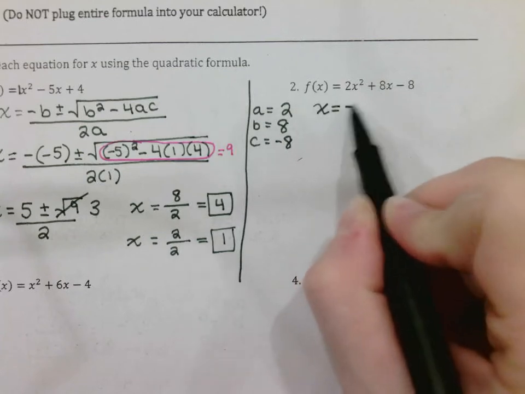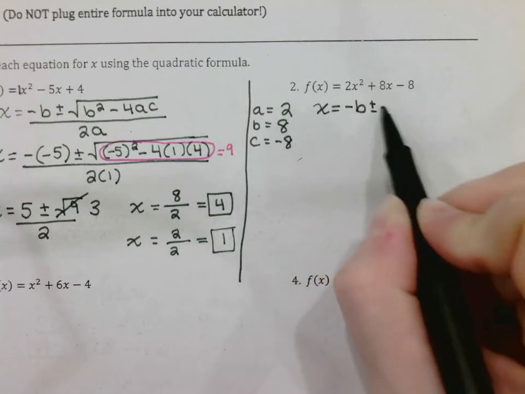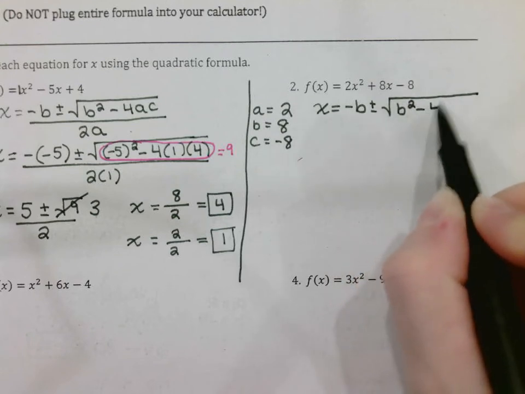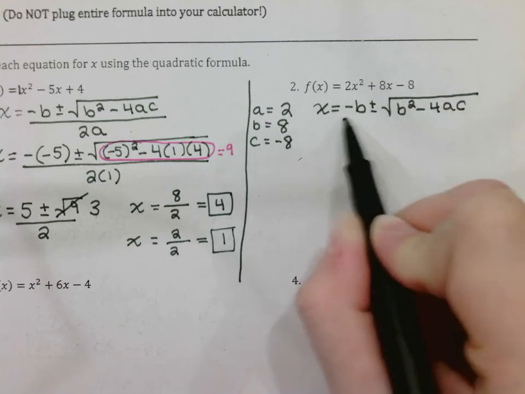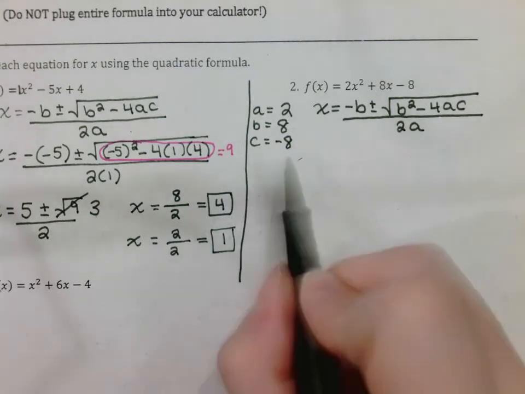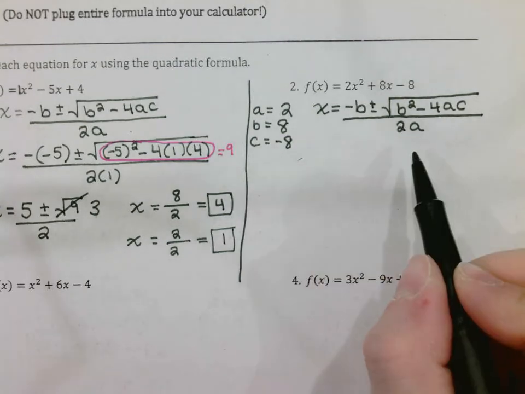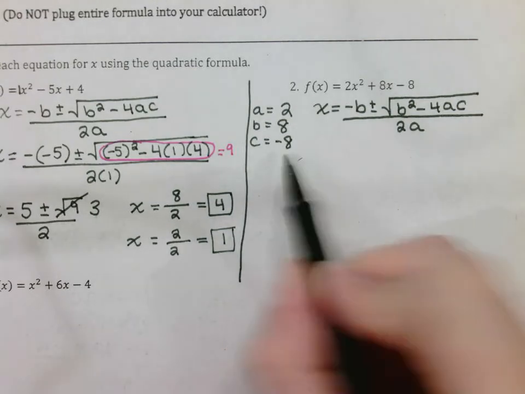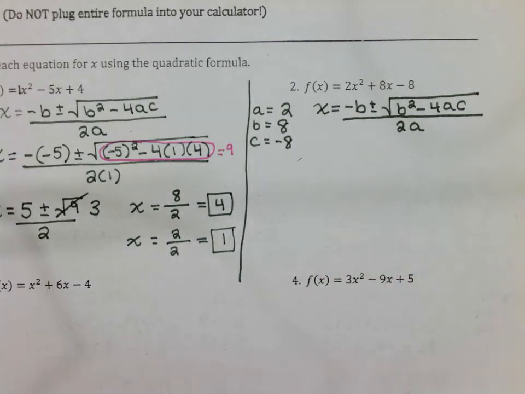So x is equal to negative b plus or minus the square root of b squared minus 4ac over 2a. So I found my a, b, and c. I wrote my formula. The next step is going to be plugging in these values into my equation.